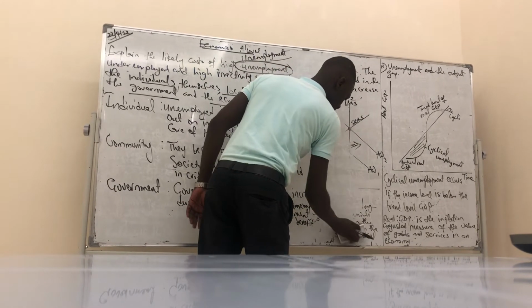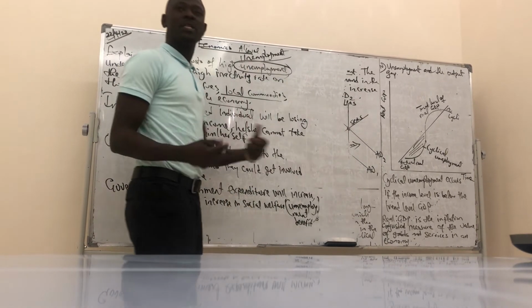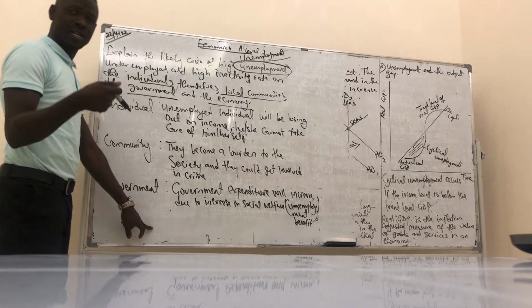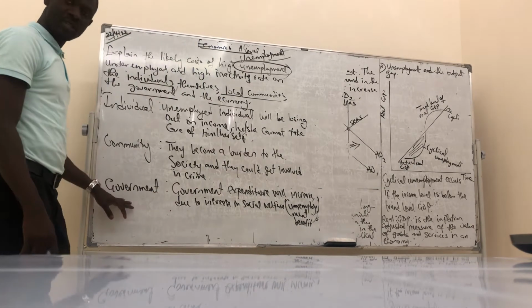So government will have to pay unemployment benefits more. That's the impact of an unemployed person on the government.